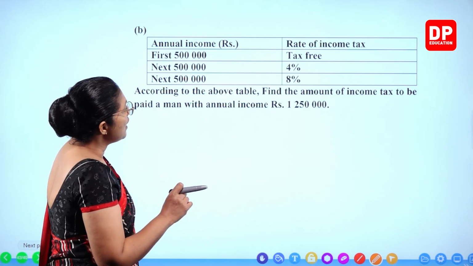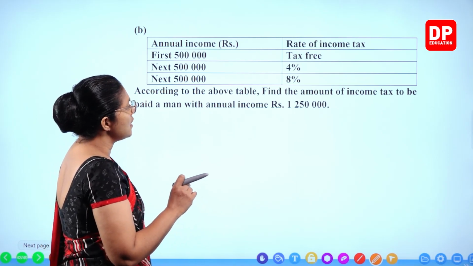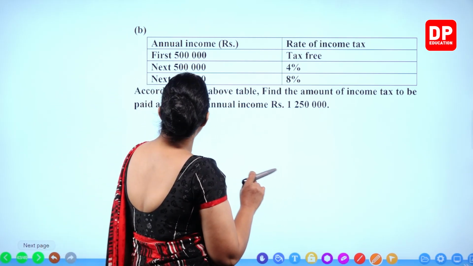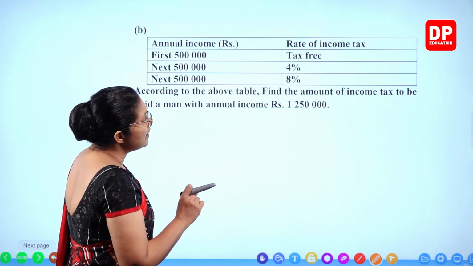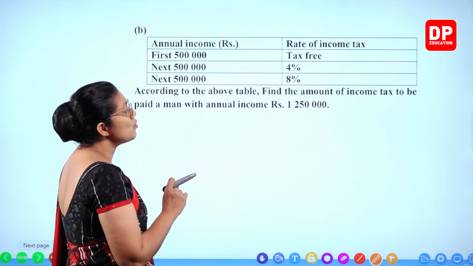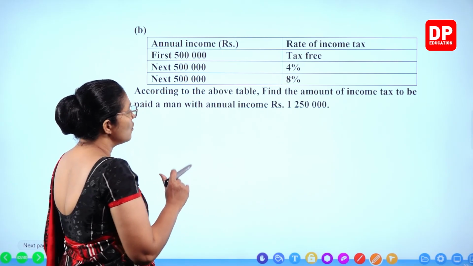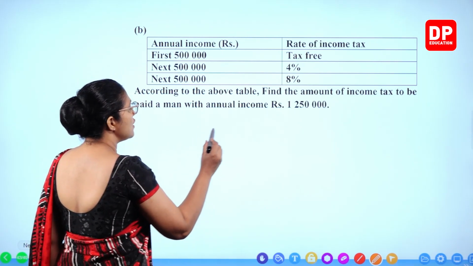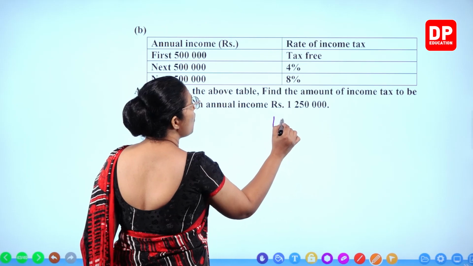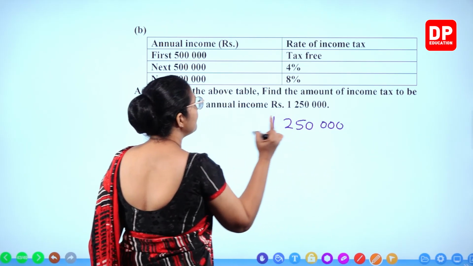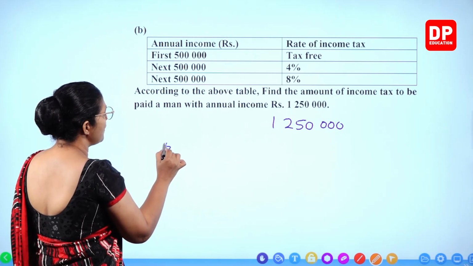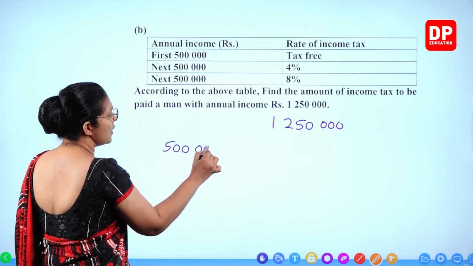According to the above table, find the amount of income tax to be paid by a man with annual income of 1,250,000 rupees. So we have to start from the beginning. So the total salary is 1,250,000 rupees. So the first 500,000 tax is free.